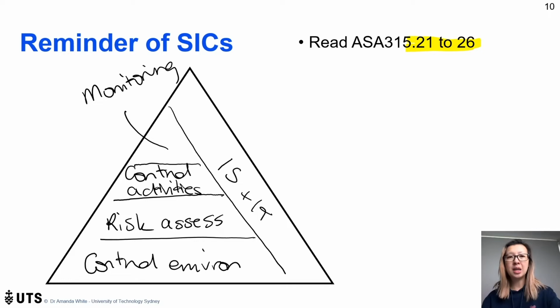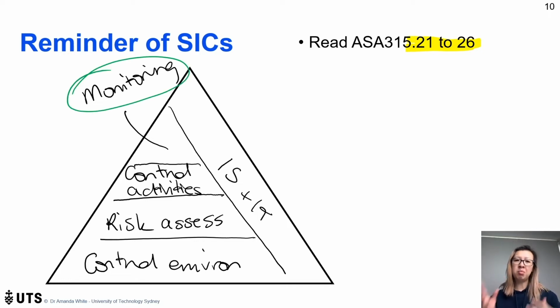So why is monitoring so important? Monitoring is critical because monitoring is the process in which we check whether our control activities are actually working or not. So let's, for example, think about an ATM, a machine that dispenses cash. Every time someone puts their card in and they add their PIN, then a control actually happens to match the PIN to the card before you can make a transaction.